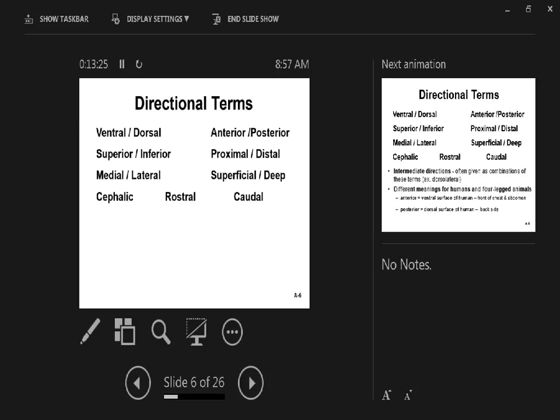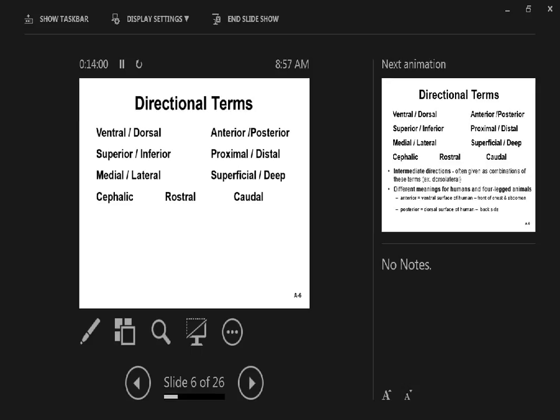Because they're opposites, right? You've got anterior versus posterior, ventral versus dorsal, rostral versus caudal, up here, medial versus lateral. That's why I put it up there like that, because they're opposites of each other. Does that make sense?